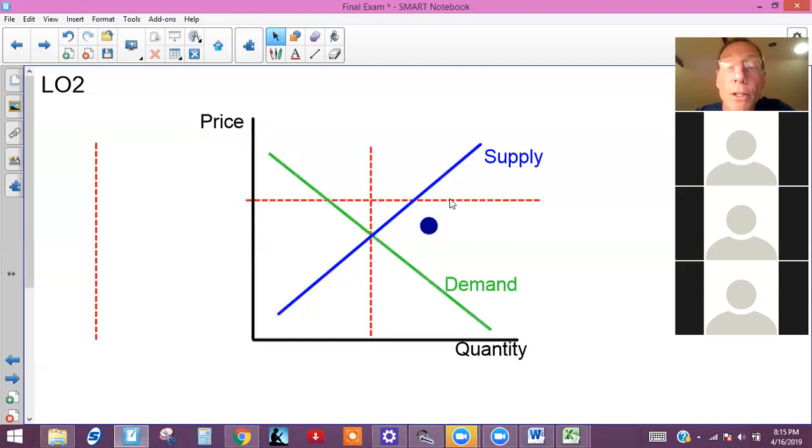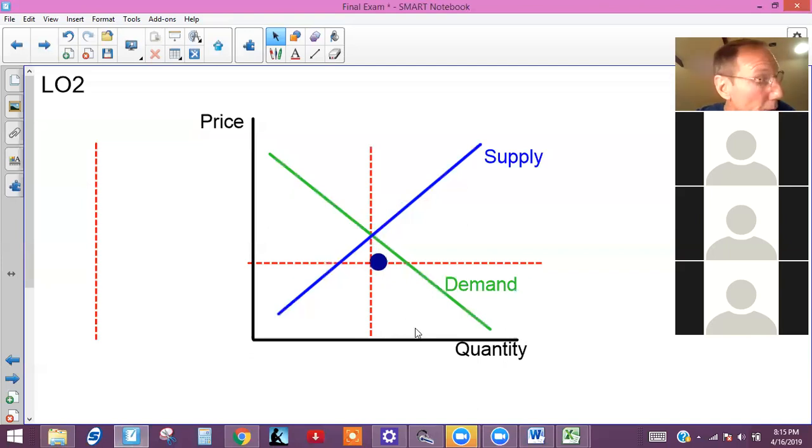If the quantity supplied is less than the quantity demanded, that means the price is below the equilibrium price.